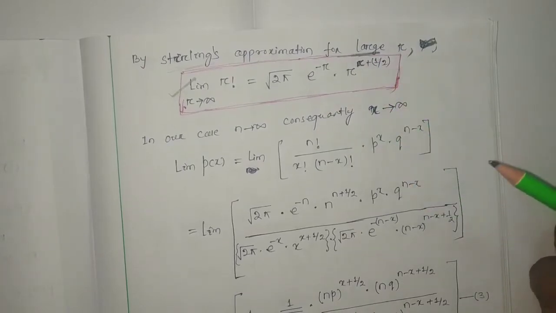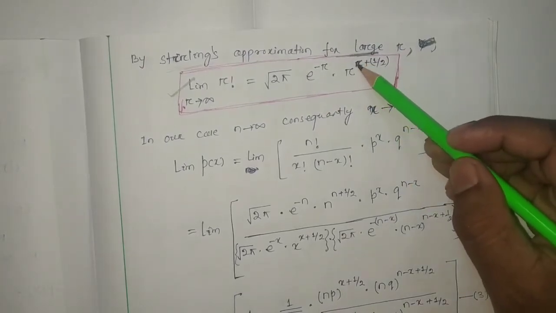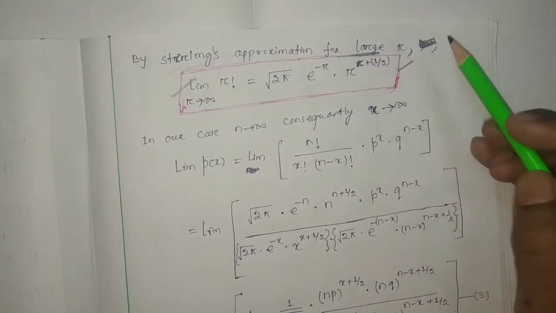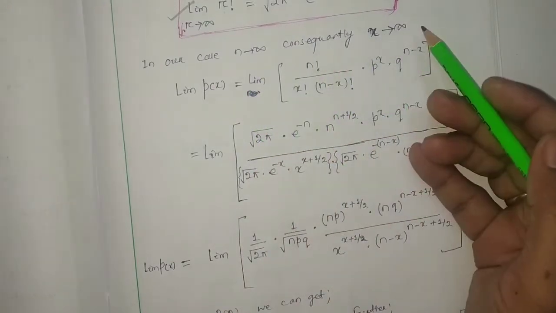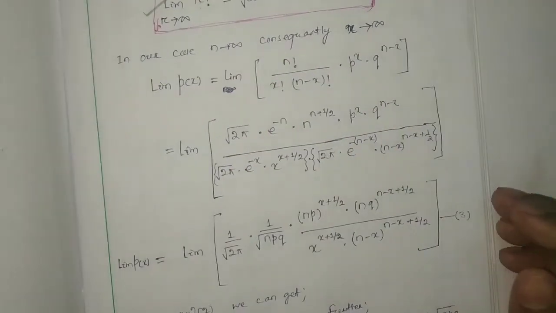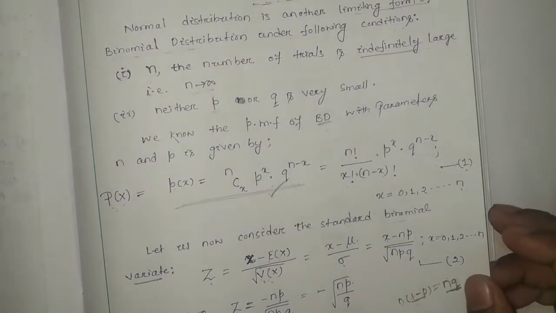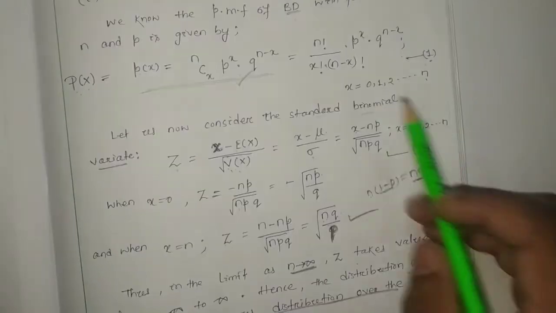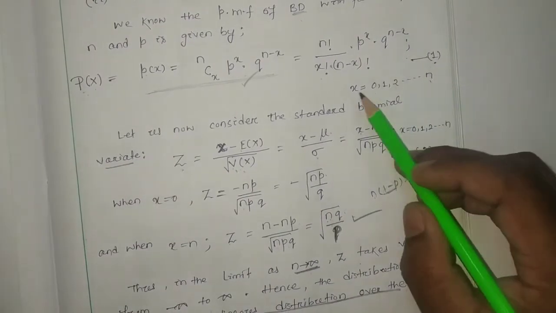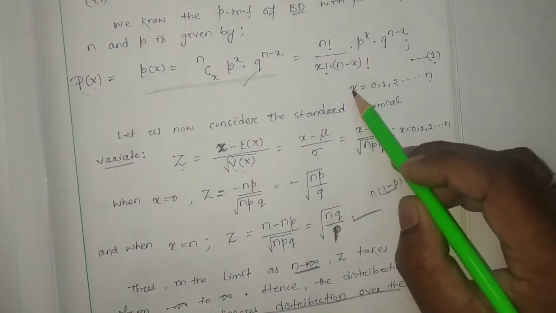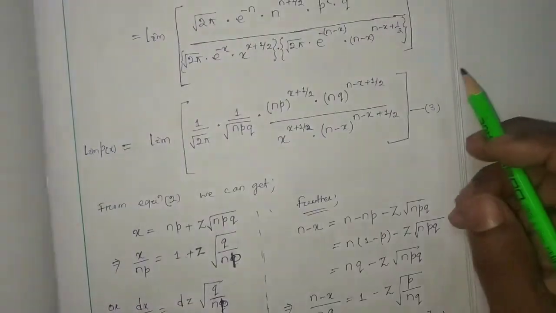Now in our case n tends to infinity, consequently x tends to infinity. If the number of trials is infinite, then the possible values of the random variable x also approach infinity.